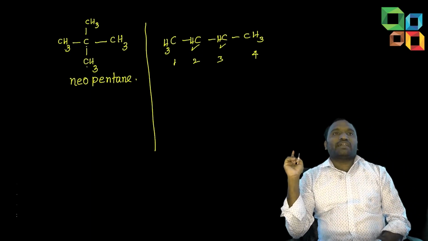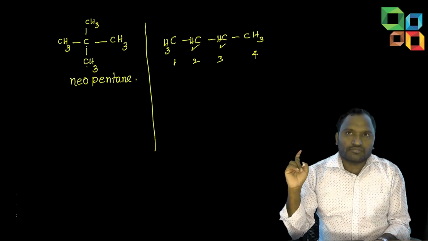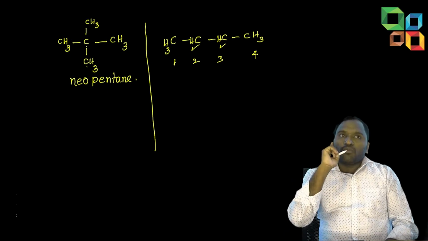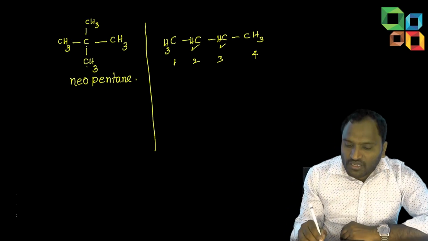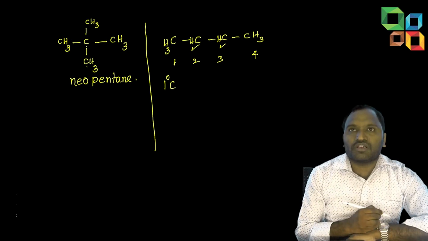First carbon is connecting with how many carbon atoms, students? 1. Directly, only 1. So it is called primary carbon. First carbon is called primary carbon.